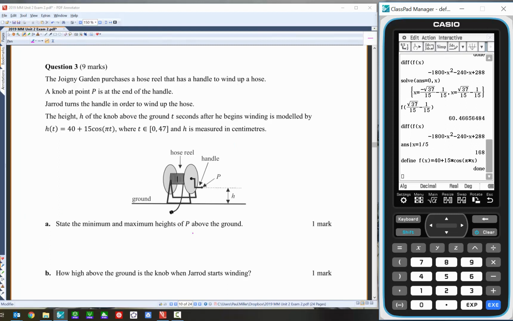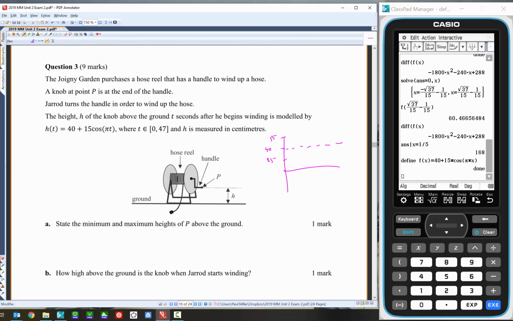Okay, state the min and max heights of P above the ground. All right, so here's where a pretty crude sketch is going to come in handy. What we've got here is the translation 40, it's going to go up to 55, down to 25, so that's the mean.